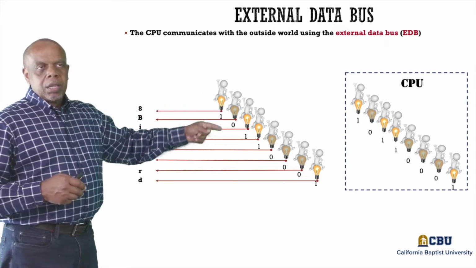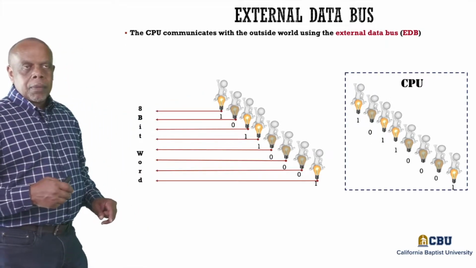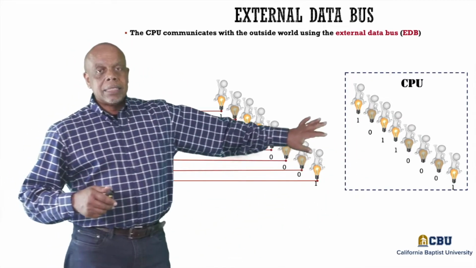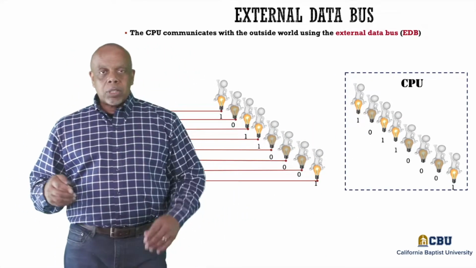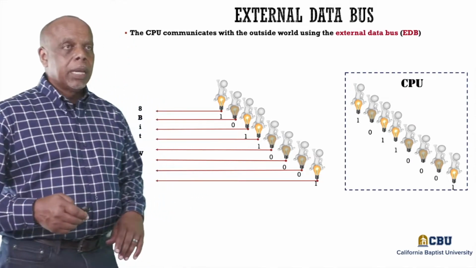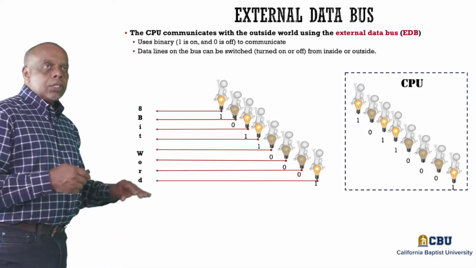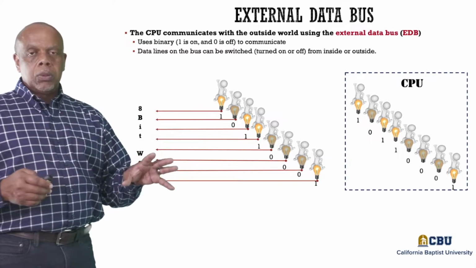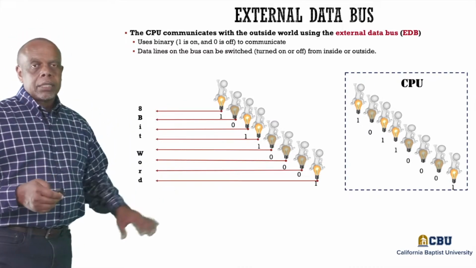I've turned on those lights. Inside the box, I have the same thing. The little man in the box can see these lights coming on, which tells him something. We don't know what it tells him yet. So that's how I'm able to communicate with the CPU, across that data bus.